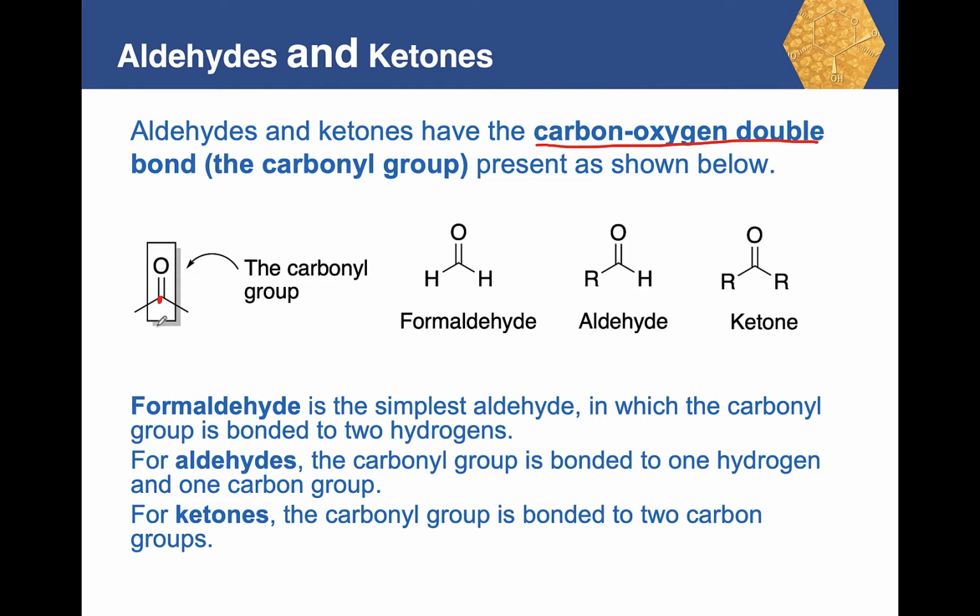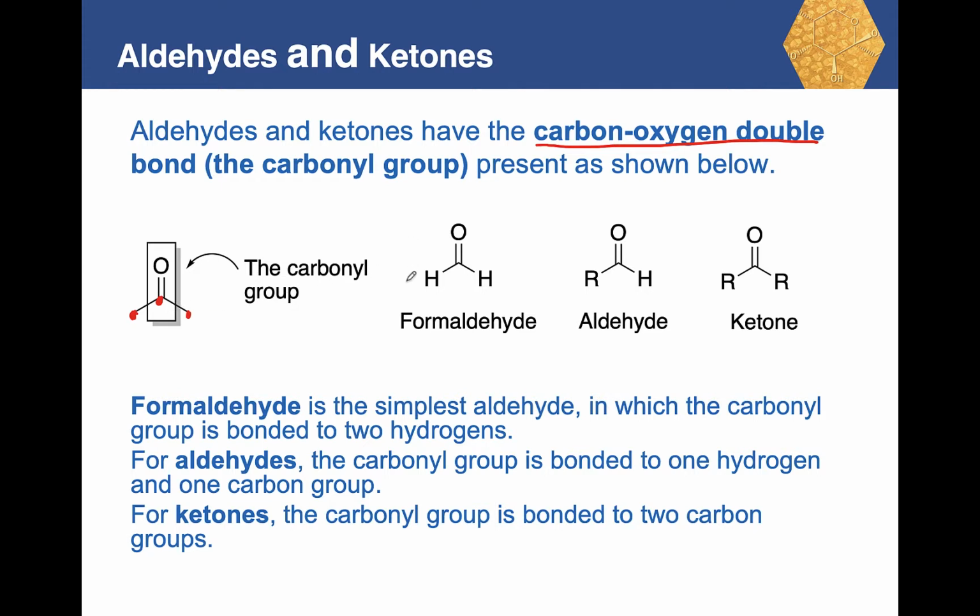The difference, however, is what is bonded to the carbonyl carbon here. So here's one possible bonding, and here's another possible bonding. Because there are 4 bonds to carbon, and here 2 are used, it can bond to 2 other groups, and what's bonded to this carbon will in fact determine the aldehyde and the ketone.